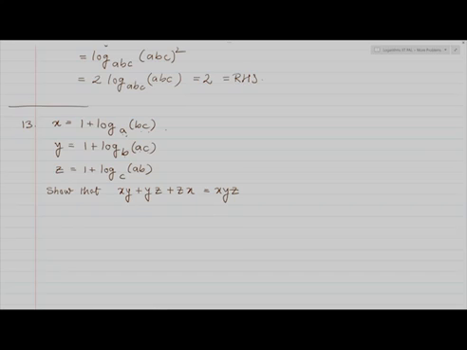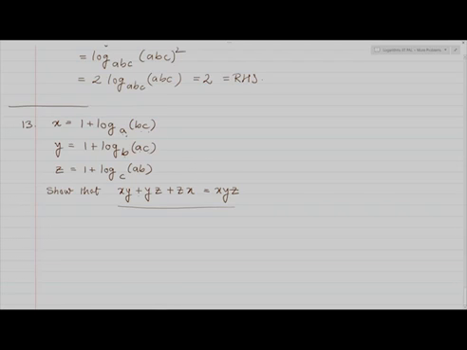Now if you just feed in the values of x, y and z in this expression, it will become messy. So before attempting to solve this problem, let us simplify what is to be shown.